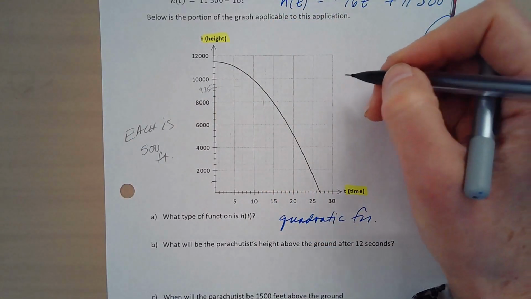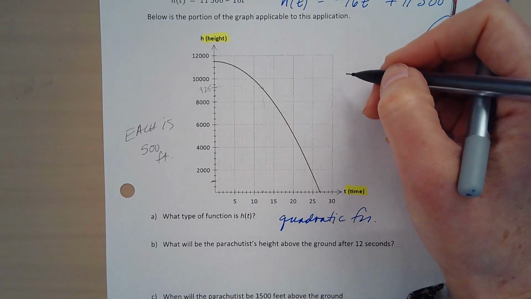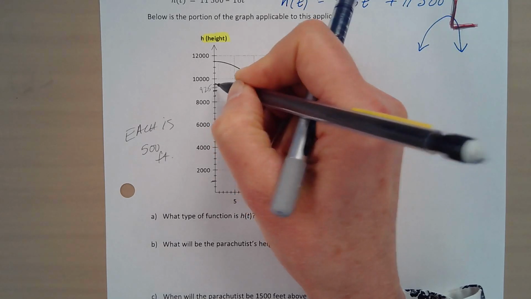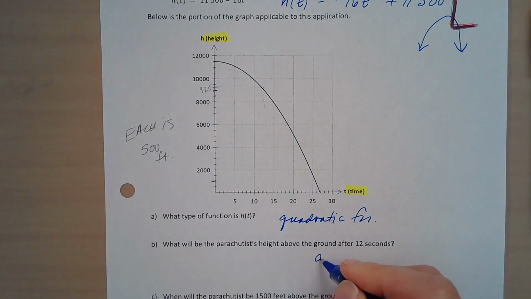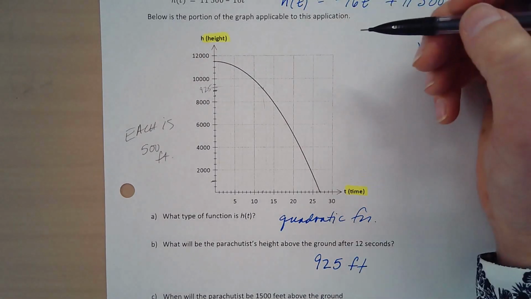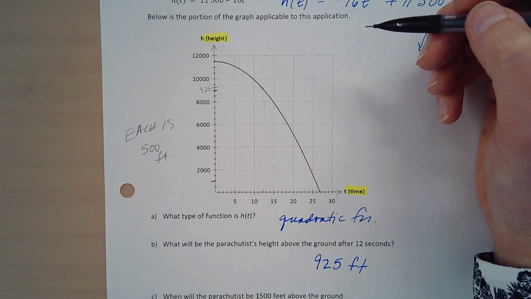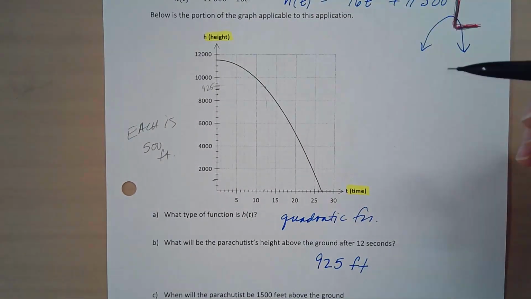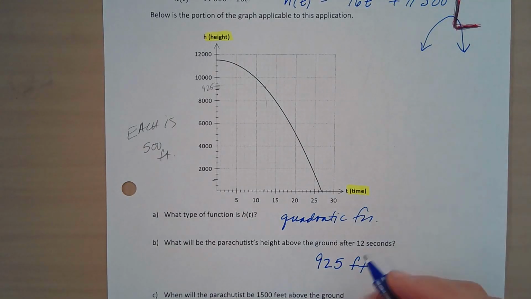What do you think? This would be 900 feet, so it's a little over 900. I'm going to say 925, but someone correct me if they think I'm off. Because, 9,196, is that what it is? Oh, because you plugged it in? Okay. That's a better idea.